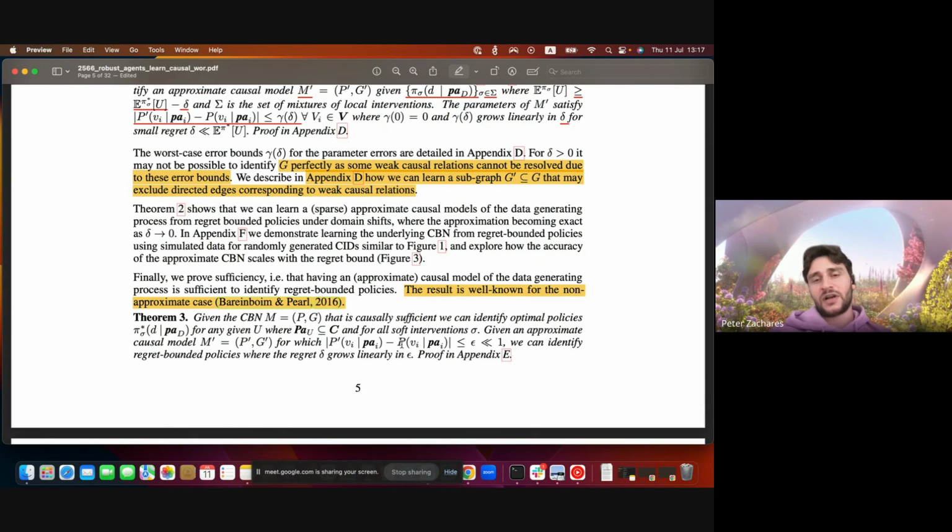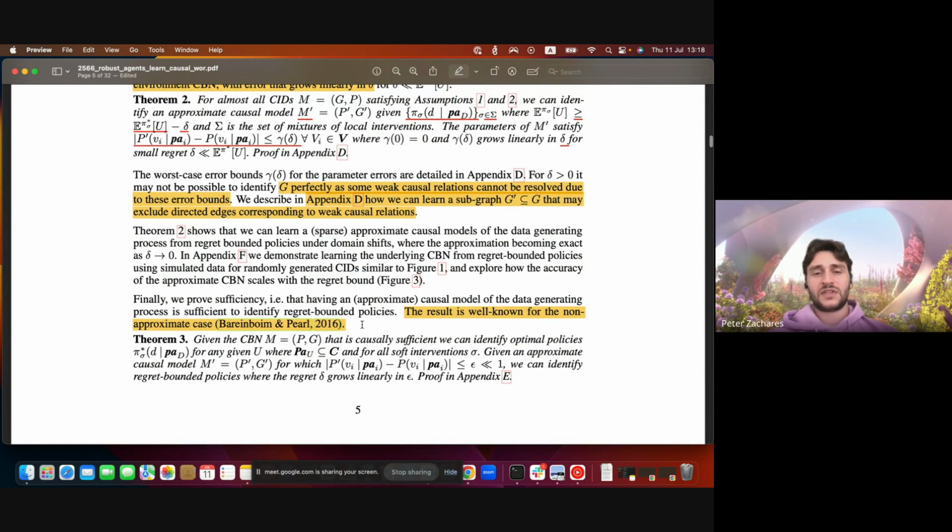And if you have an approximate causal model of the world, then you can create regret bounded policies. And that's the big thing that they did in this work, because this result in theorem 3 is well known for the non-approximate case. This result is well known already, but they extend it to the approximate case where you don't have optimal policies and perfect knowledge of the causal model graph.